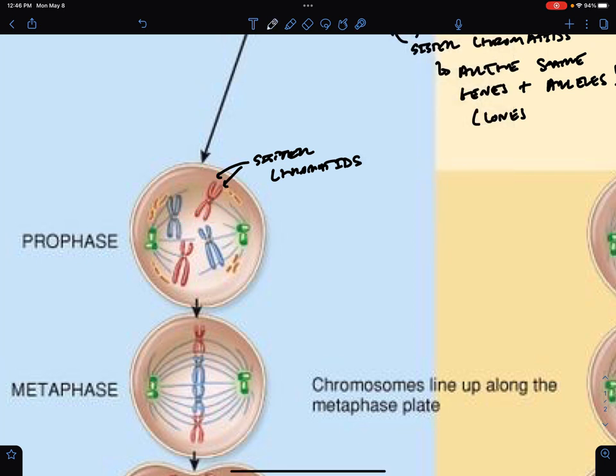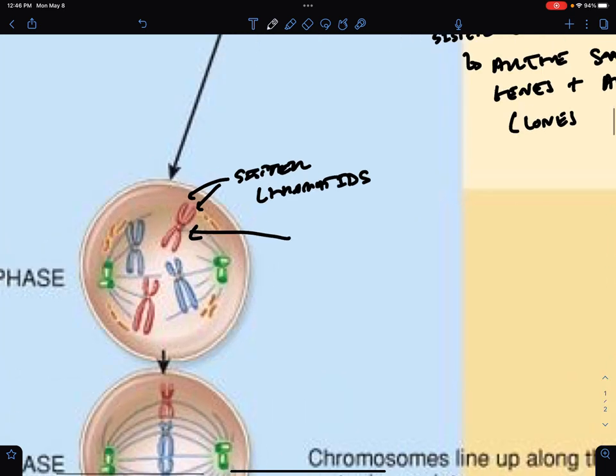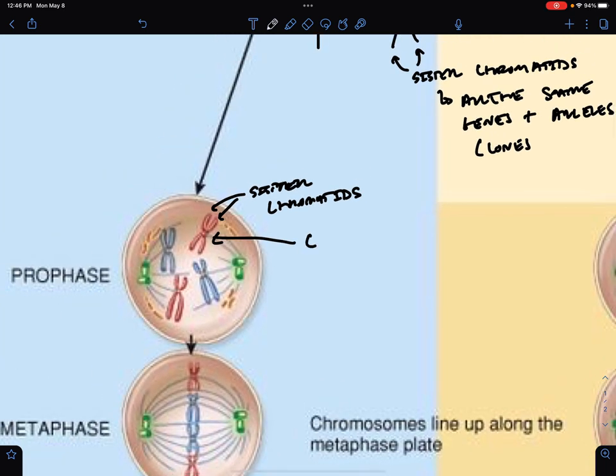Okay, this red chromosome here, let's call this chromosome number 1 from dad. And this blue chromosome here is chromosome number 1 from mom.